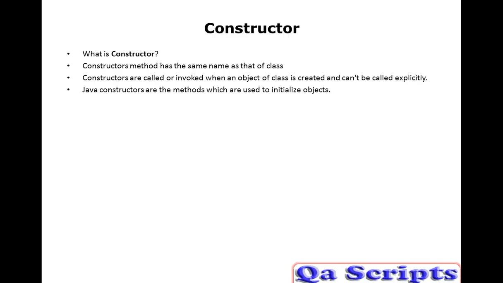Java constructors are the methods which are used to initialize the object. Yes, we have seen in our example where we are trying to initialize, that means we are trying to call methods which have to be executed before any other methods.